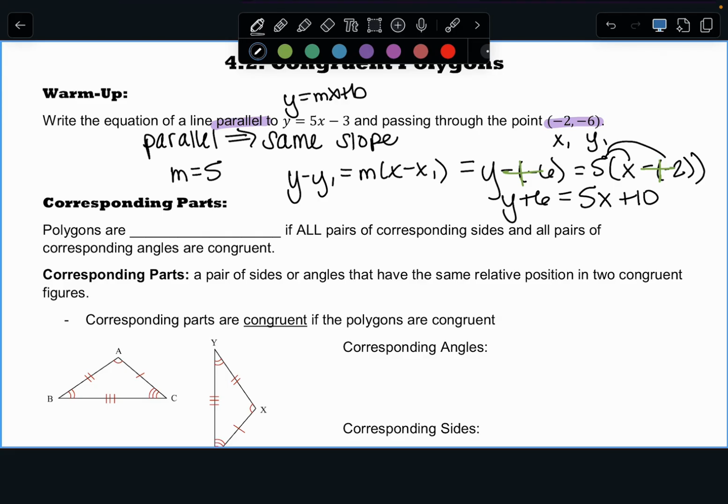Subtract 6, I hope. So we get y is equal to 5x plus 4. Same slope because it's 5. And if we plugged this point in, we would get a true statement down here. Just kind of brushing up on our algebra skills a little bit. Questions on that one? Okay.